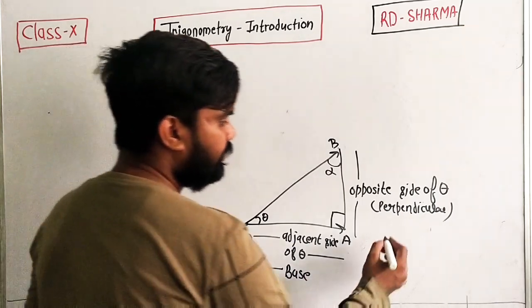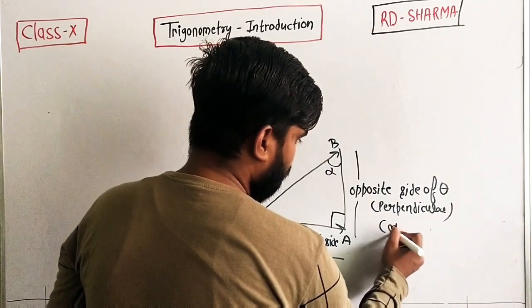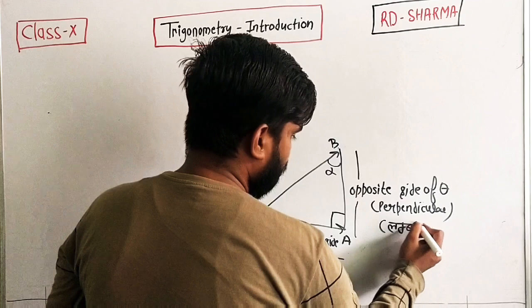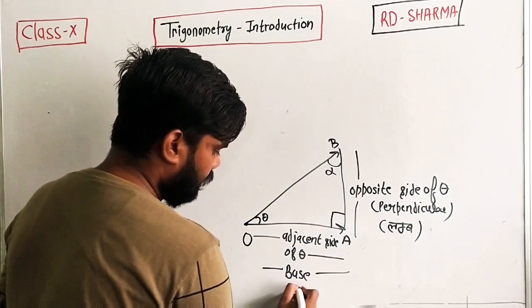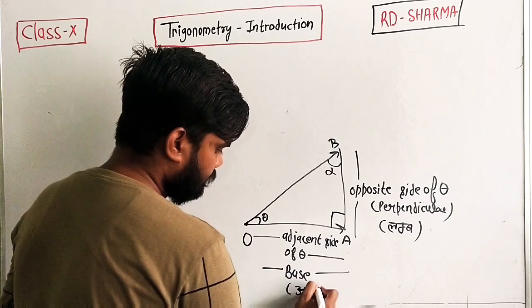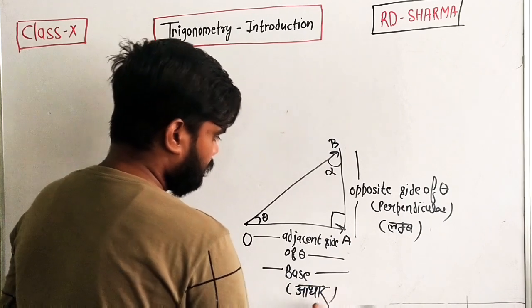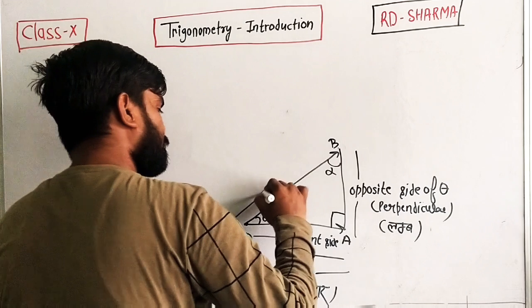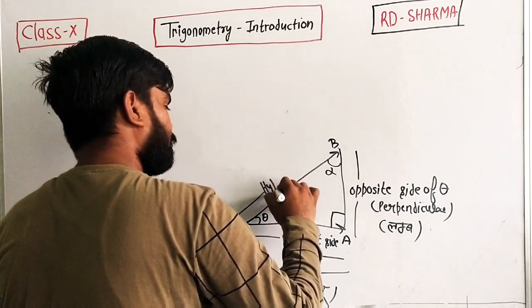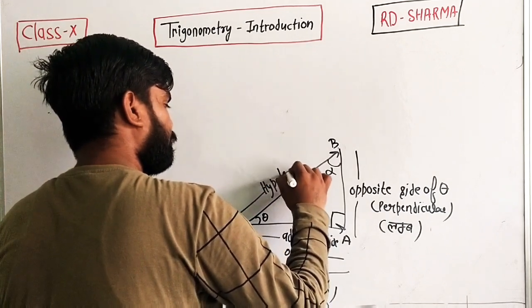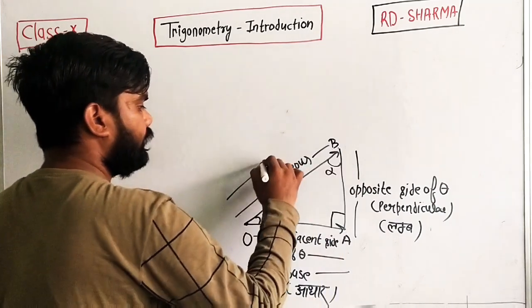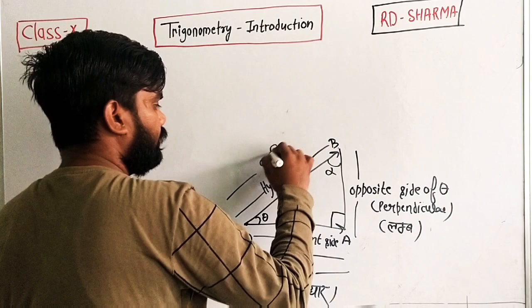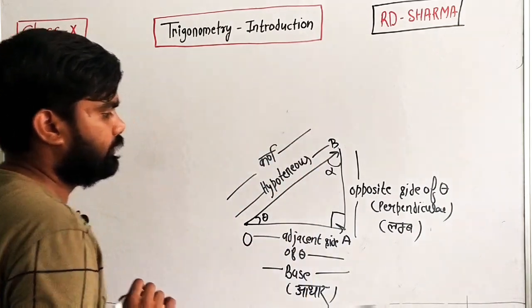In Hindi we call it lumb and aadhar. As you know, this is the hypotenuse, and we call it karn in Hindi.